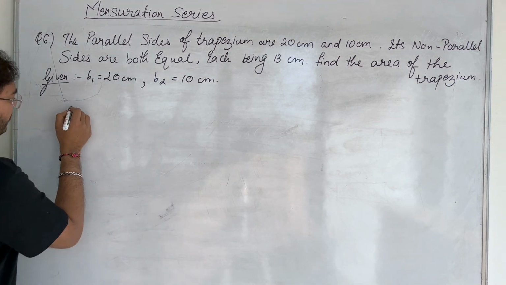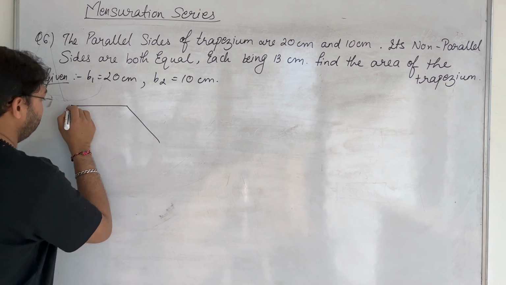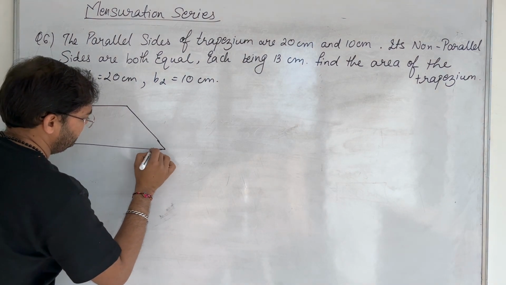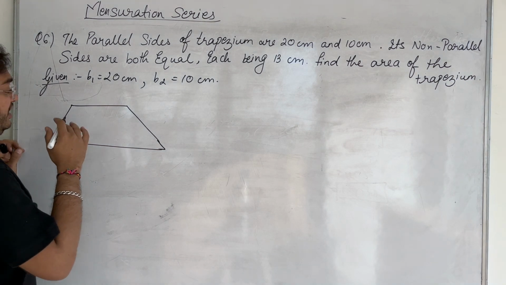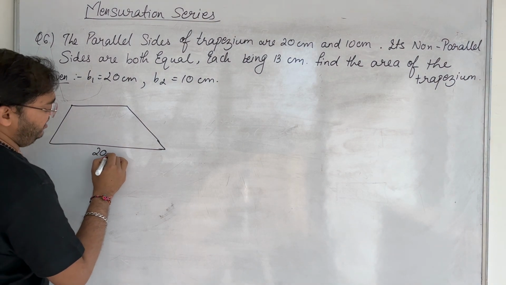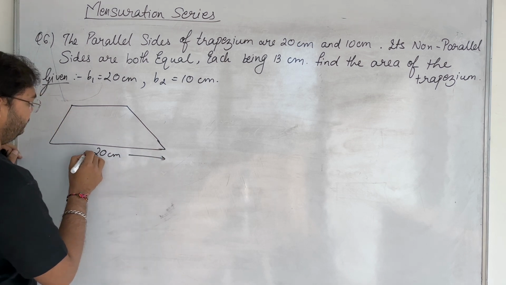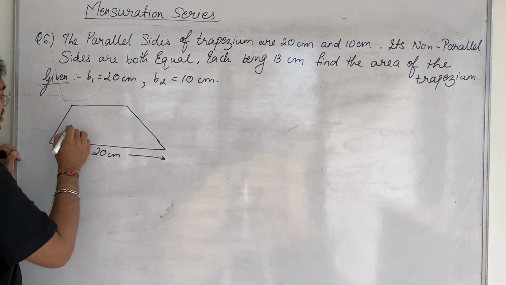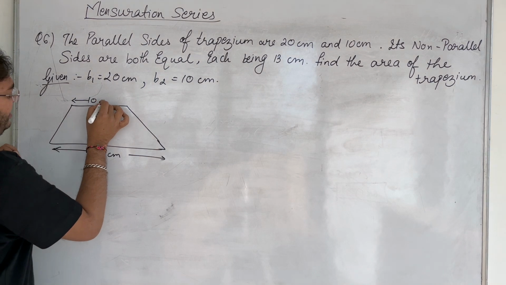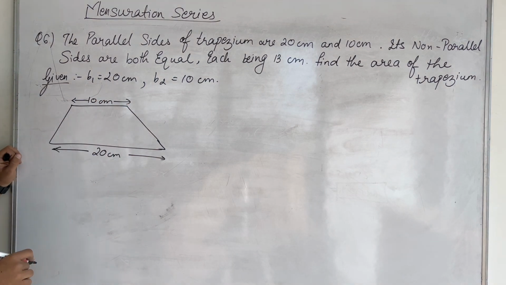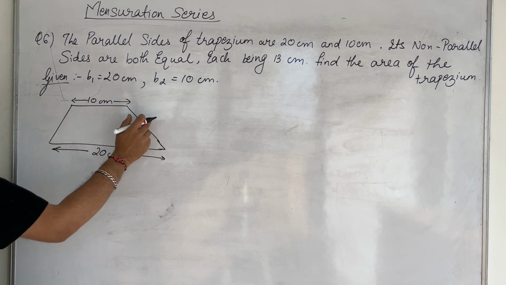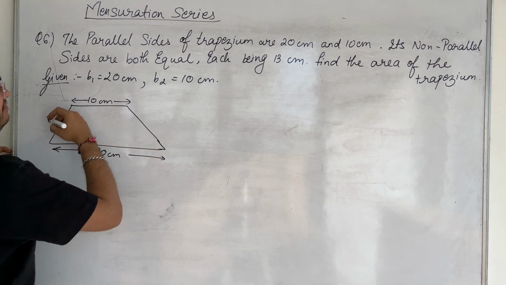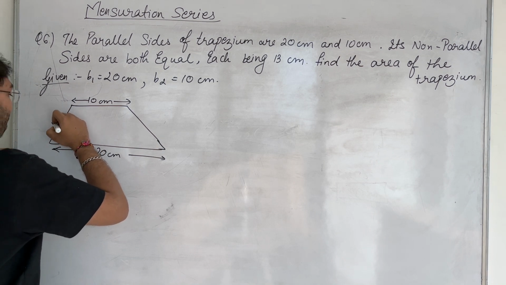So for that we need to draw the trapezium. After drawing the trapezium, we need to mention all the data: 20 centimeter, this is 10 centimeter. These are my parallel sides. Moreover, here they have given that both of these are the non-parallel sides, and their measurements are the same, that is 13 centimeter.